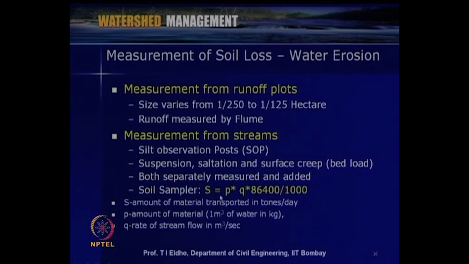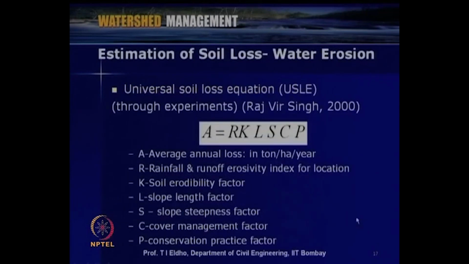We can use this equation: S equals P into Q into 86,400 divided by 1000, where S is the amount of material transport in tons per day, P is the amount of material, and Q is the rate of stream flow in meter cube per second. Like this, we can do sampling in channels or rivers, and from that we can measure how much soil erosion there is, especially due to water erosion.